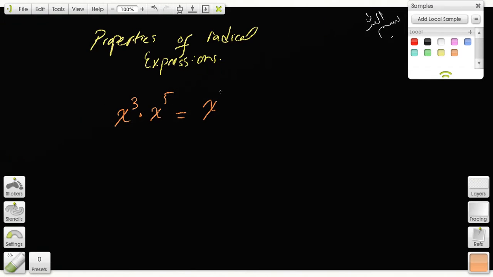X to the 8th. Got it? What about this? Square root of 3 times the square root of 5. What is that? The square root of 15. That's what we mean. How do you deal with radicals? Does that make sense?